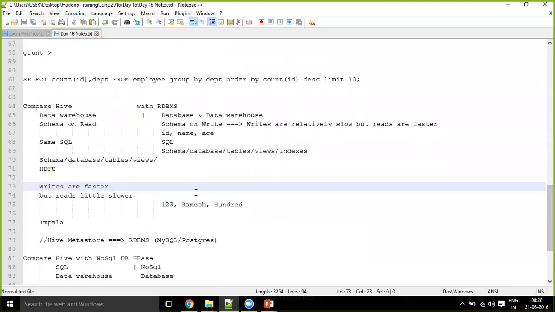And one more advantage with Hive is that once a table is created, that table definition is persistent in Hive, whereas in Pig it's just temporary. That definition itself is also temporary in Pig.